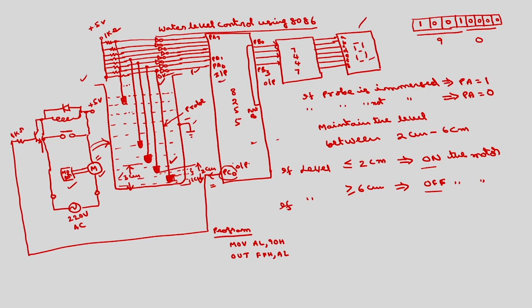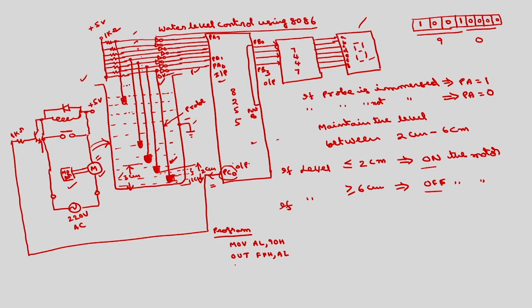Okay. Now the next step is, we have to see which probes are inserted. Total I am using 8 probes, corresponding to each pin, each line we have 8 probes. So which probe is inserted? In order to check this, total 8 probes are there.